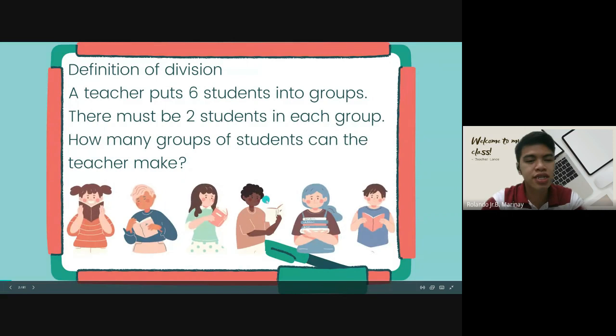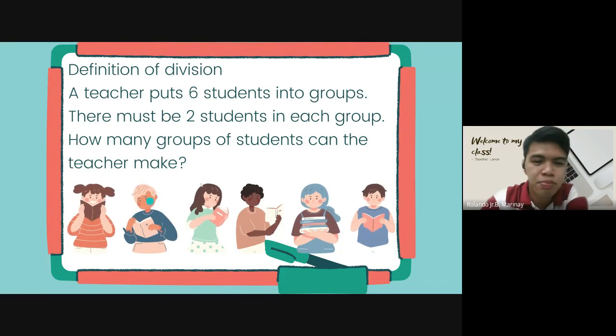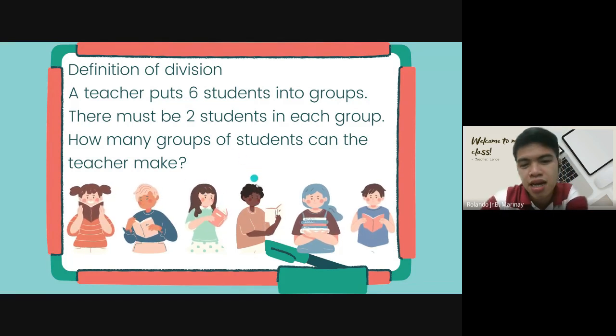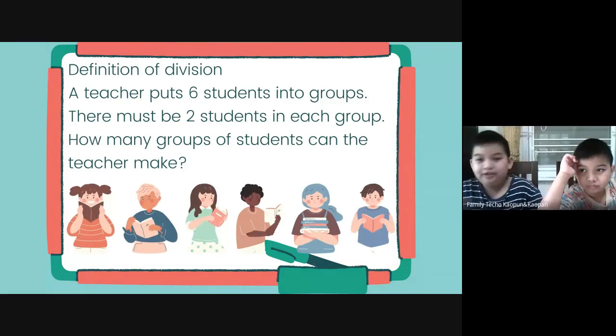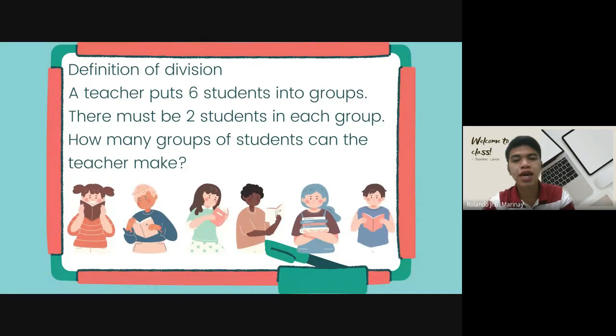So for example, teacher Lan needs 6 students. So we have here Sin, Kaupan, Min, Earth, Ayun, and Gan, for example. So I need to make groups.